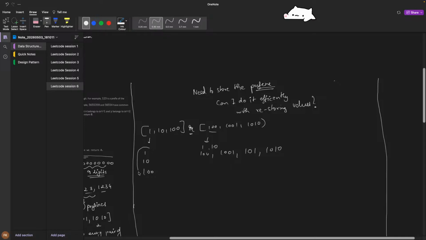So let's just say I got all the prefixes of a single array, either ARR1 or ARR2. I have stored them in a set, alright?